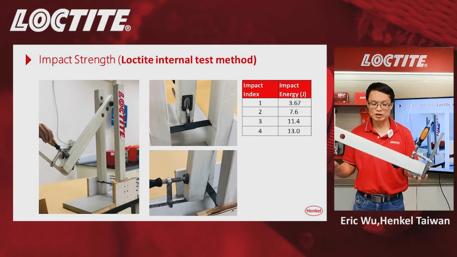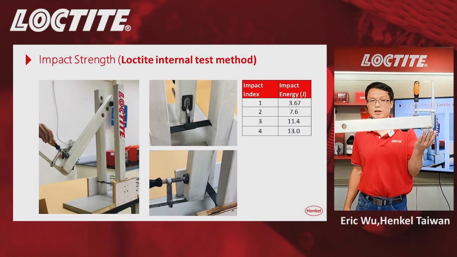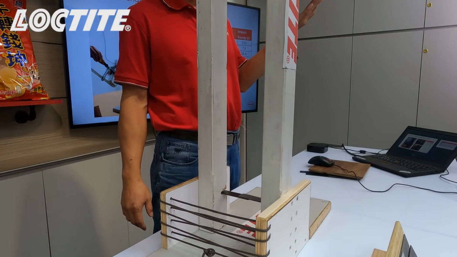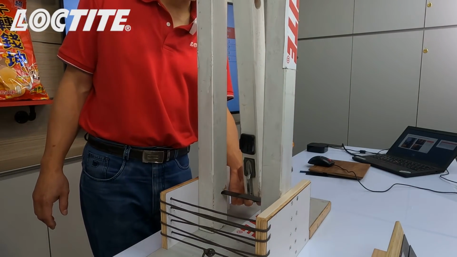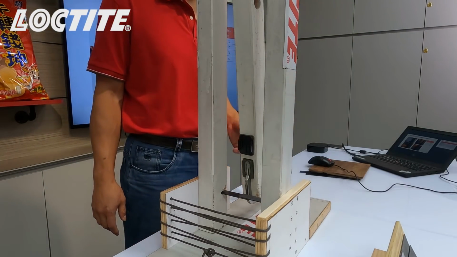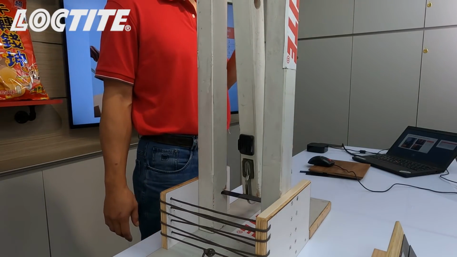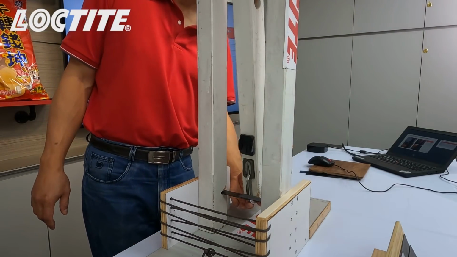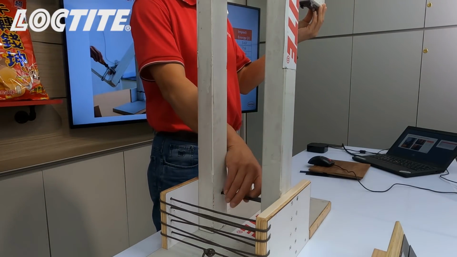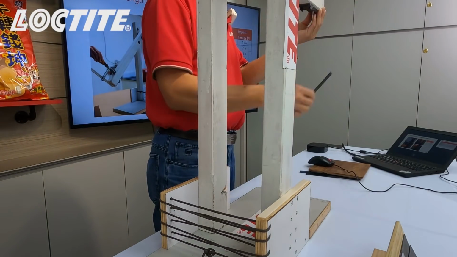And then we increase the height of the pendulum, and we define it as impact index 2. That can deliver more impact energy to the joint. You can refer to the slide to see that we defined 4 impact indexes in total. Based on the different indexes, we can define the impact strength of this joint.